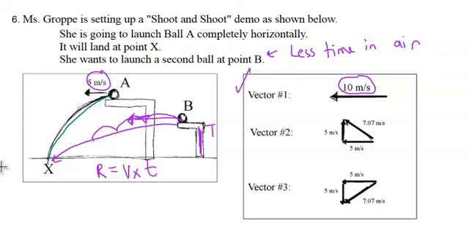Vector number 2, by launching it up, you're going to gain some time in the air because gravity is going to have to bring it to rest and then pull it back down. So again, we don't know exactly what these numbers are, but there's some value at which this additional upward velocity will give us some time.